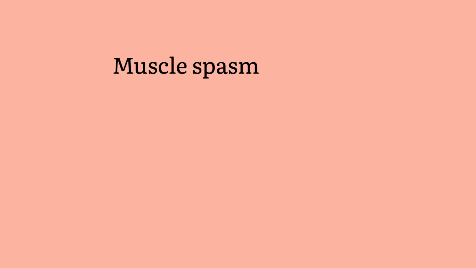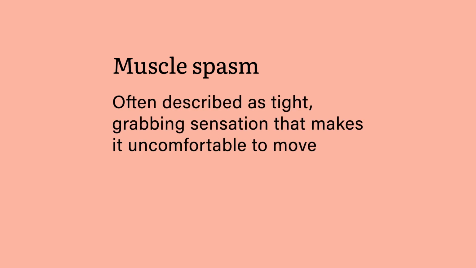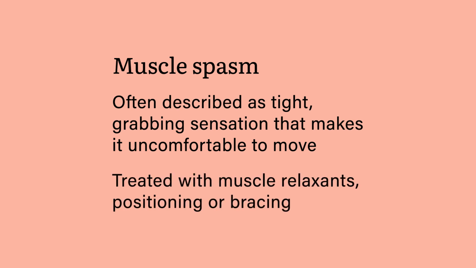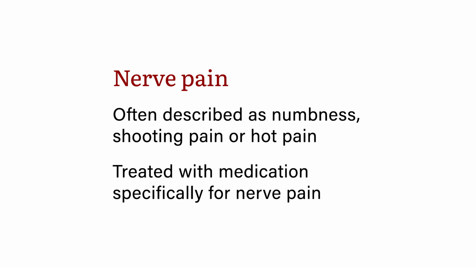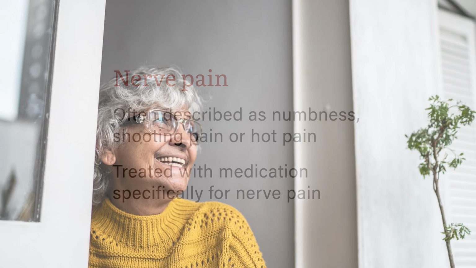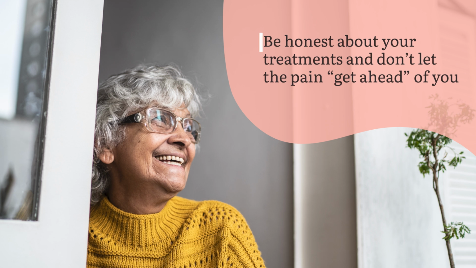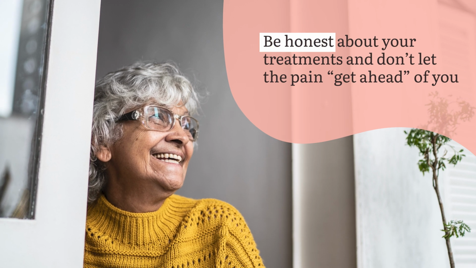Muscle spasm, often described as a tight grabbing sensation that makes it uncomfortable to move, is treated with muscle relaxers, positioning, or bracing. Nerve pain, often described as numbness, tingling, or shooting pain, is best treated with medications specifically for nerve pain. For us to address your pain, we need to hear honestly how the treatments are working.